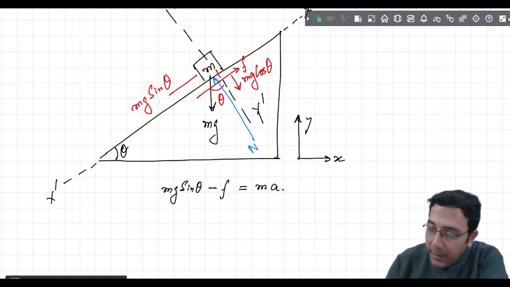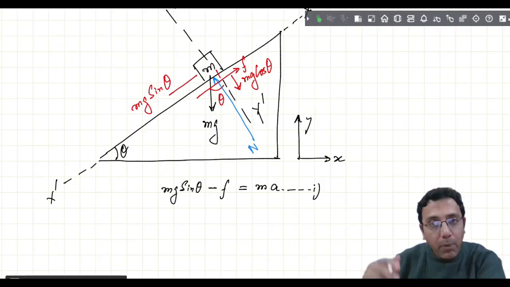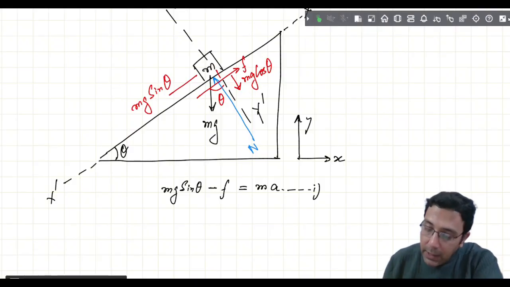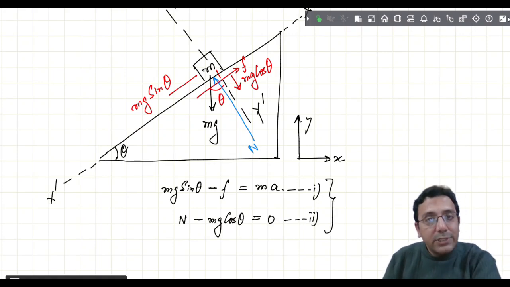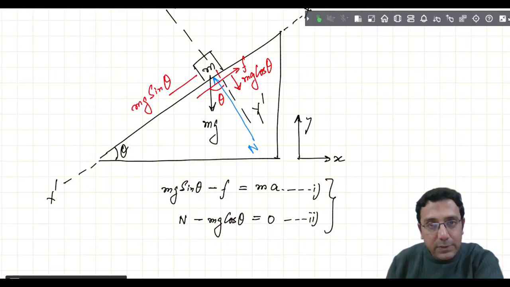That will be equation number 1 for the body that is tending to slip down, and we will have another equation, N minus mg cos theta equals 0. So this is my equation number 2. We will have two equations. There may be some unknowns, so we just have to solve it out.